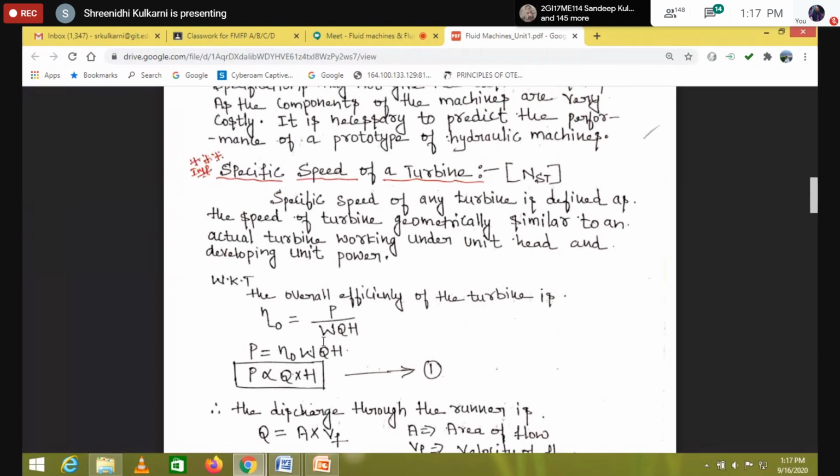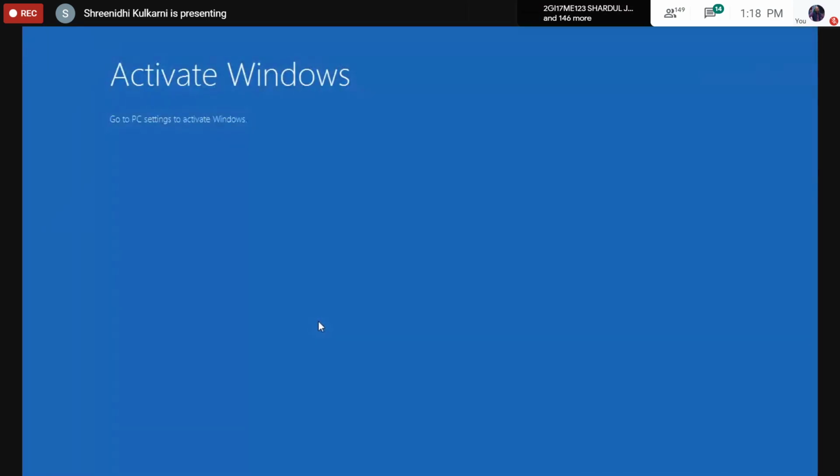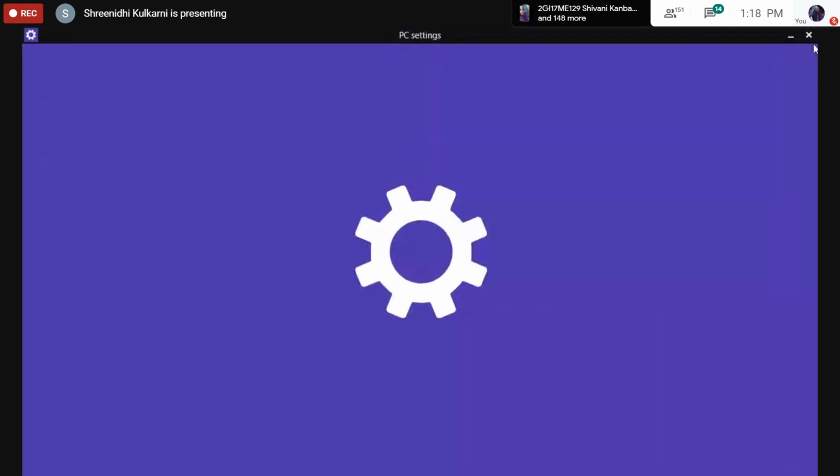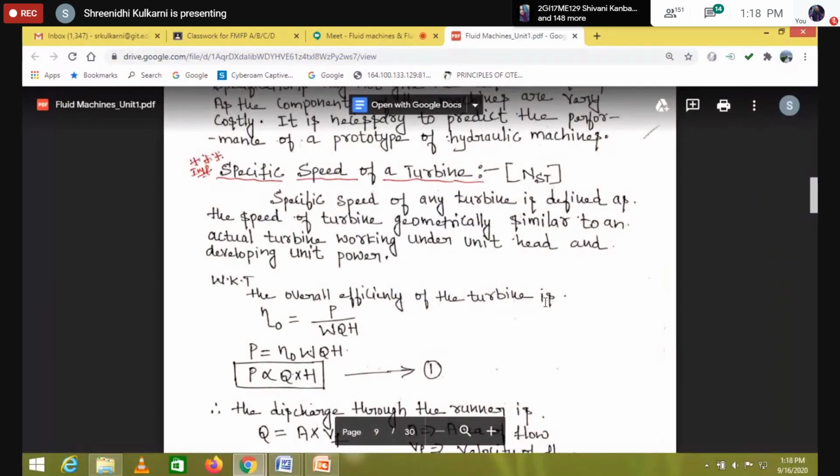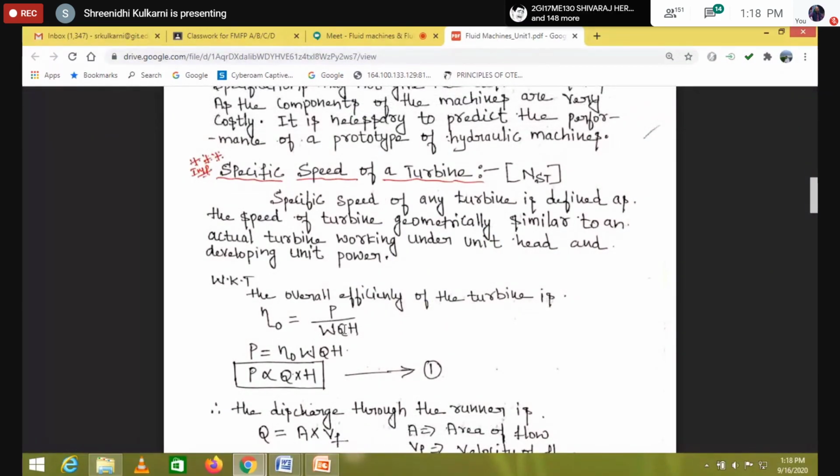H is net head available in meters, and Q is the rate of flow, or simply the discharge, in meter cube per second.